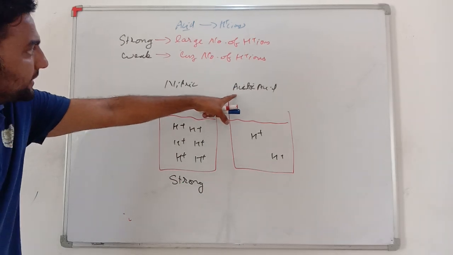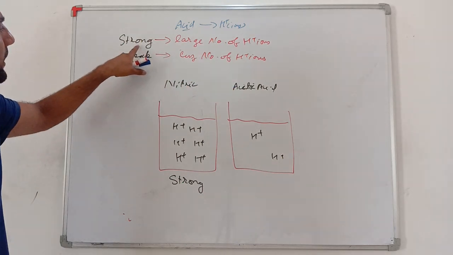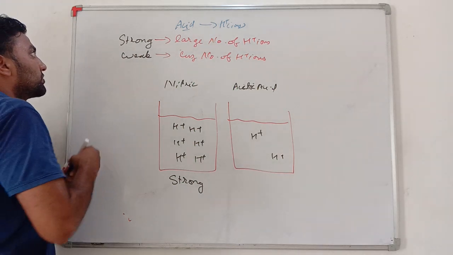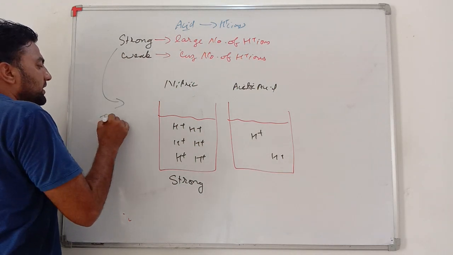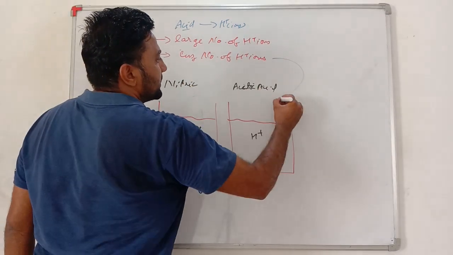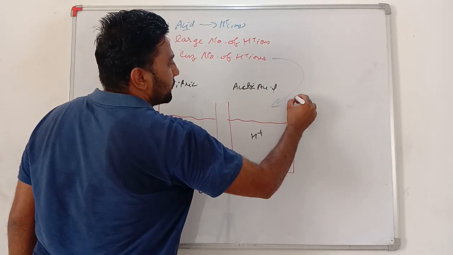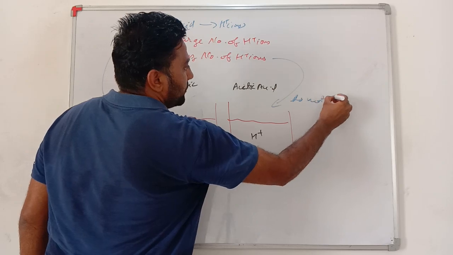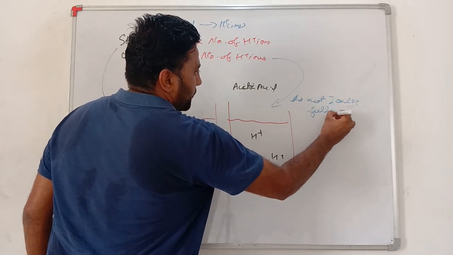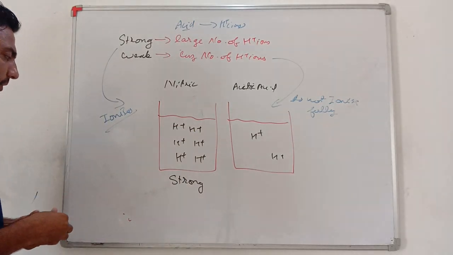That's why acetic acid is a weak acid, whereas nitric acid is a strong acid. Or you can say strong acids ionize fully, whereas weak acids do not ionize fully.